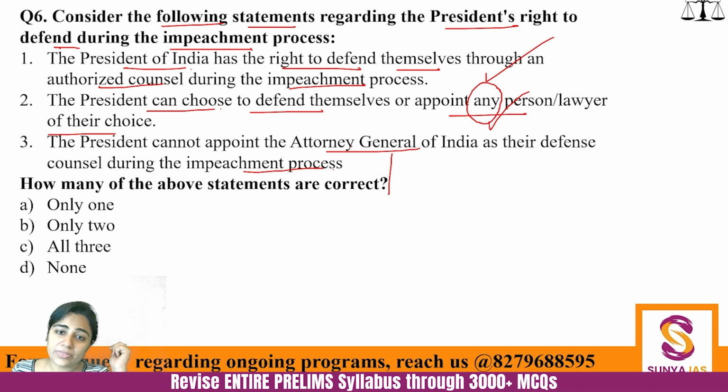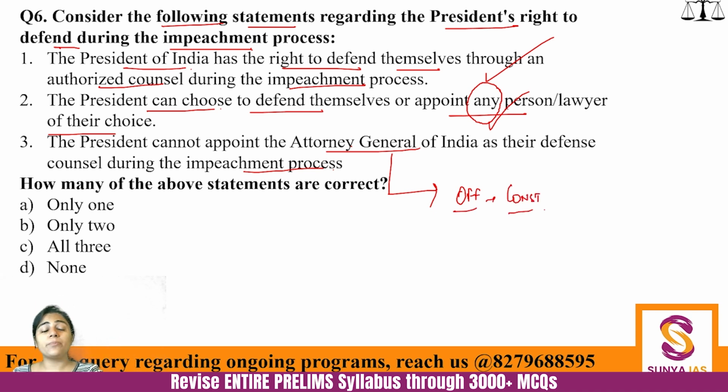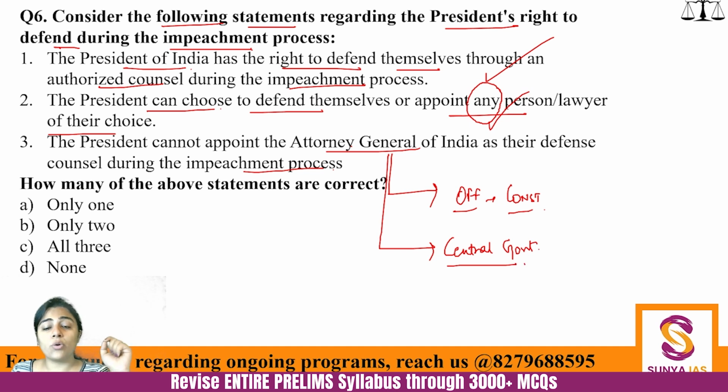You might think that Attorney General of India is an official position, is a constitutional office, right? How are they defending the president who has been charged, who has been accused of violation of the constitution? See, the Attorney General of India is officially the legal representative of the central government, not of the Indian Parliament.